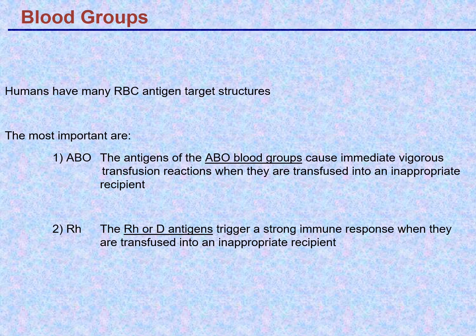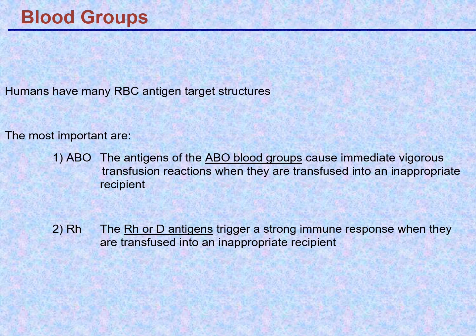without ever having been sensitized. And as you probably know, if you're blood group A, then you'll have antibody against B. And if you're B, you'll have antibody against A. And if you're O, you'll have antibody against A and also antibody against B. And if you're AB, you won't have any anti-A or anti-B.